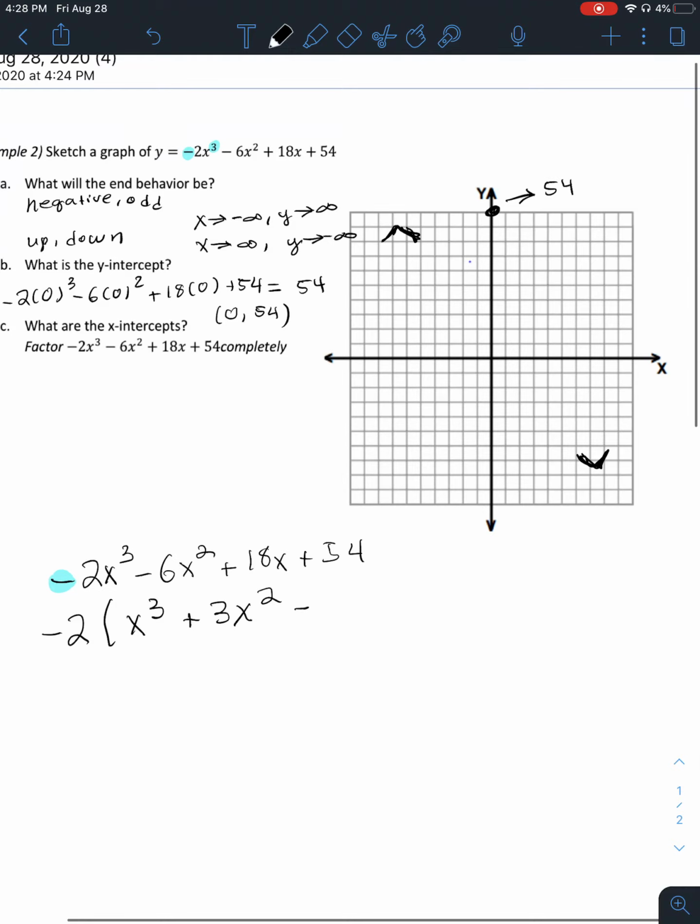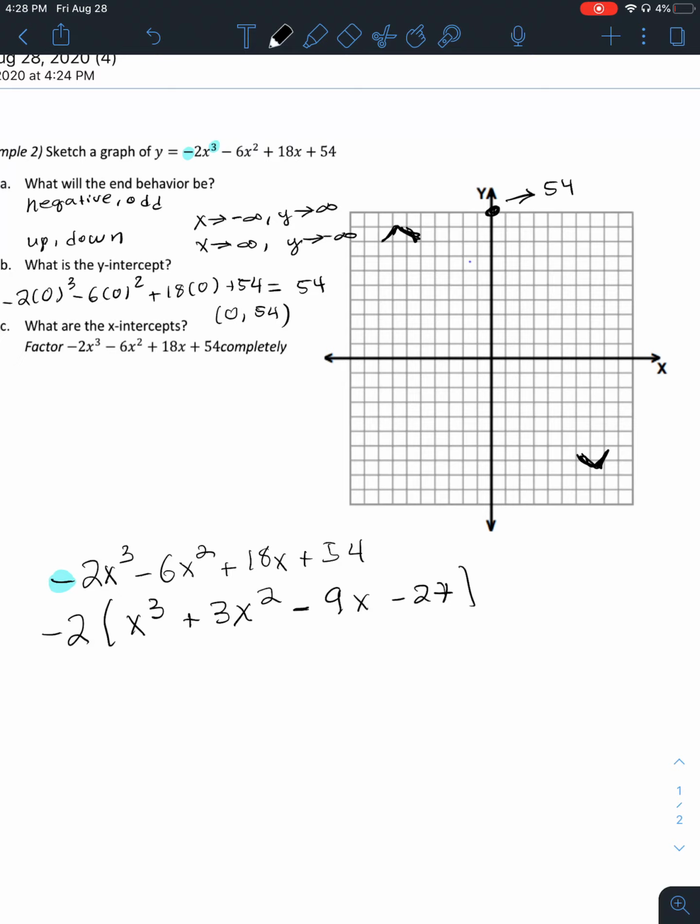I hope that you see that that's a -9x. Be really careful here because we need our signs to match up. -2 times -9x will give us positive 18x, and then -2 times -27 is going to give us our positive 54. So at this point, we have taken care of that -2.